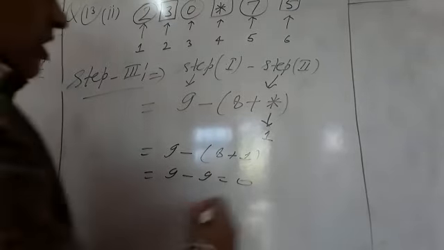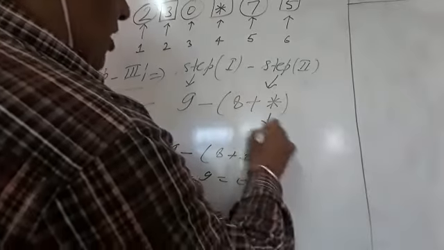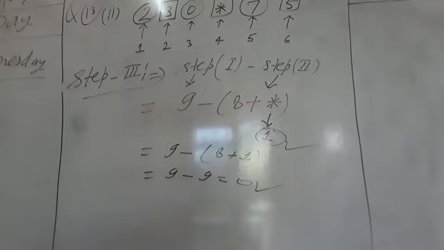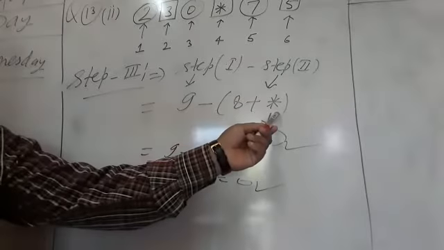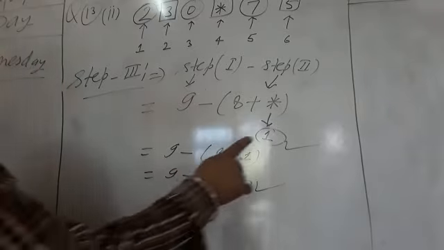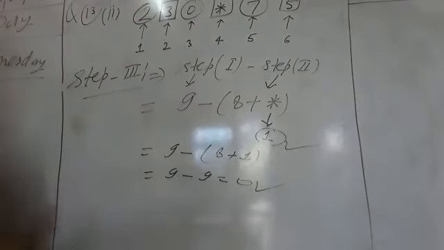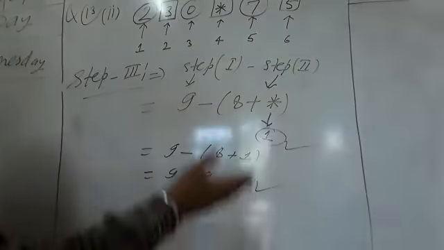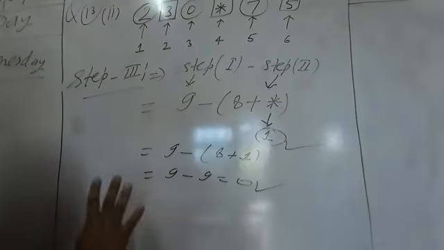So now you get the result when you place 1 in the position of star. So now the answer is 1. You replace star with 1 and the number is divisible by 11.